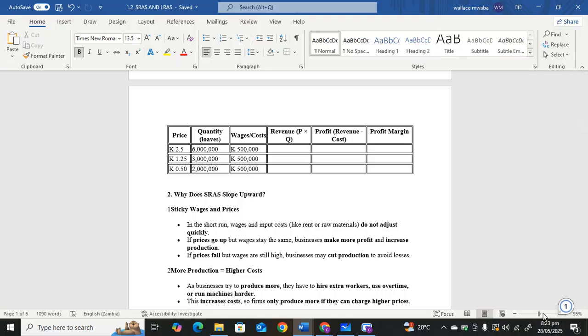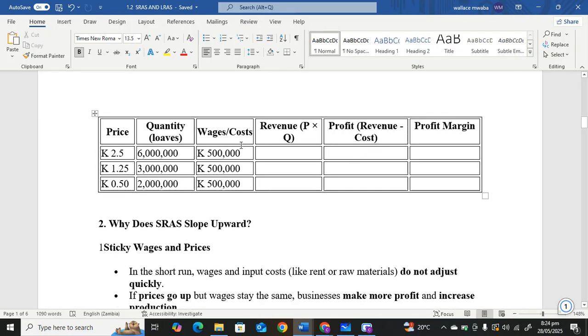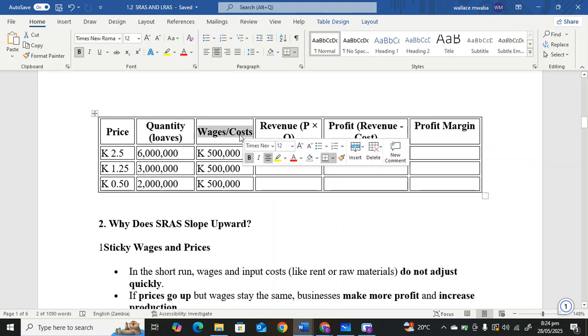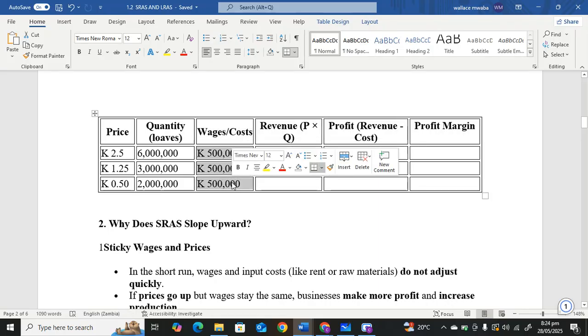So here, as we can see, we've got the prices here, we have the quantities, but the wages and other costs like the rent, they all stay the same, and wages still stay the same. So as a business, for example, let's start at this point here where the price is at 1.25 kwacha, right?